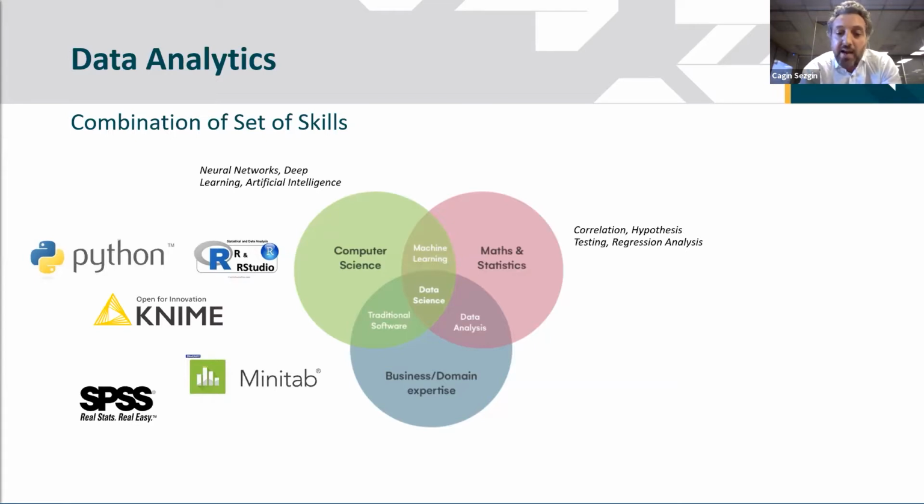In KNIME, by using nodes, you do not need coding, and you can develop machine learning algorithms actually. And also we have Minitab, SPSS. These are traditional, let's say, old school statistical programs that help us to analyze the data in our companies.